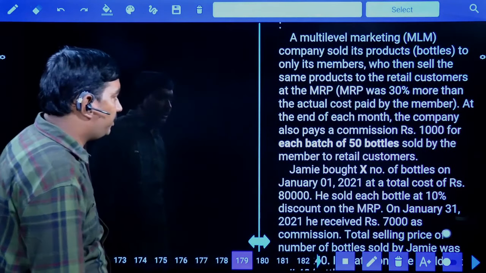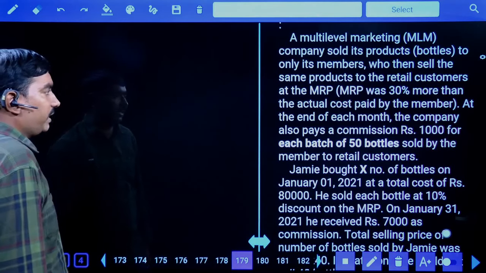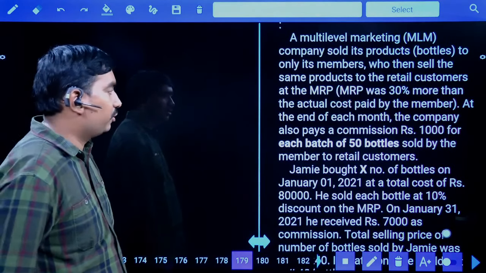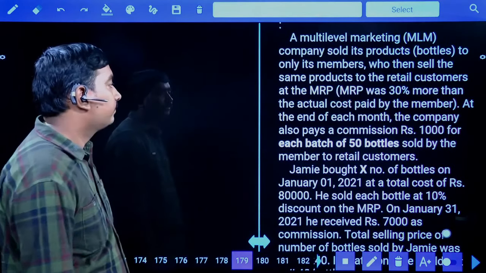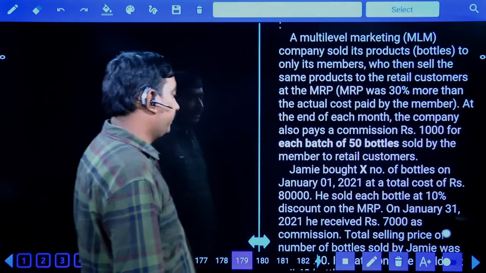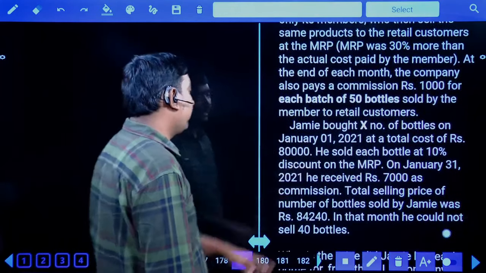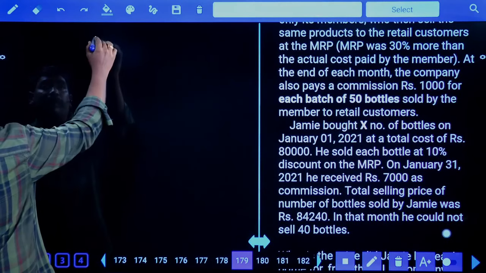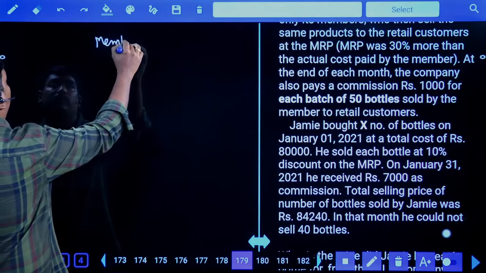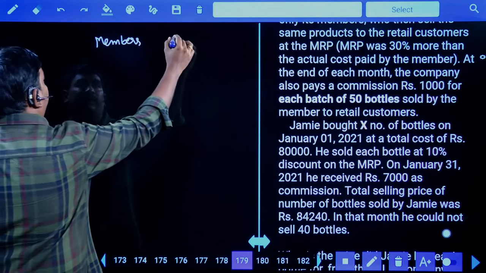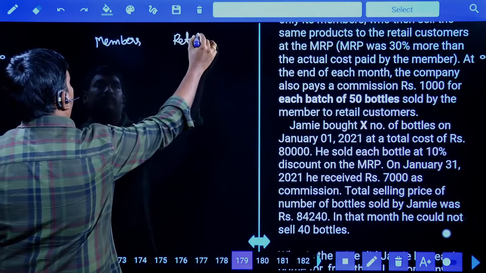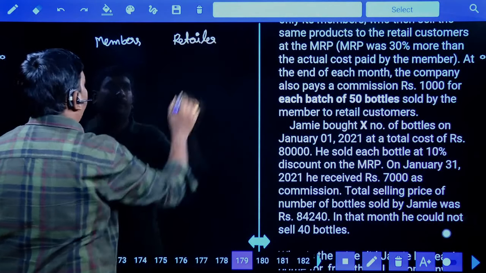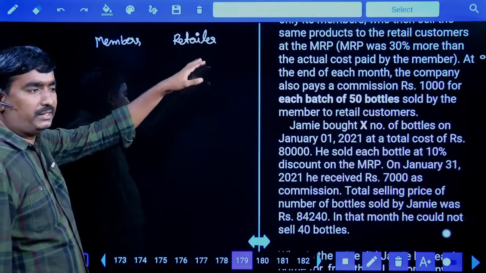At the end of each month, the company also pays a commission of 1000 rupees for each batch of 50 bottles sold by the member to the retail customers. And here I am having two members and retailers. Member purchases from the company, retailer purchases from the members.